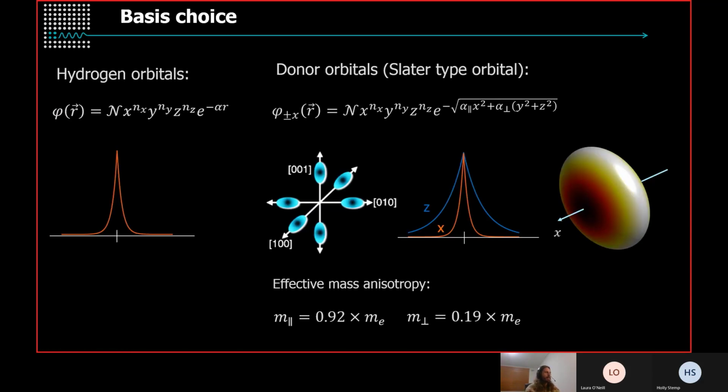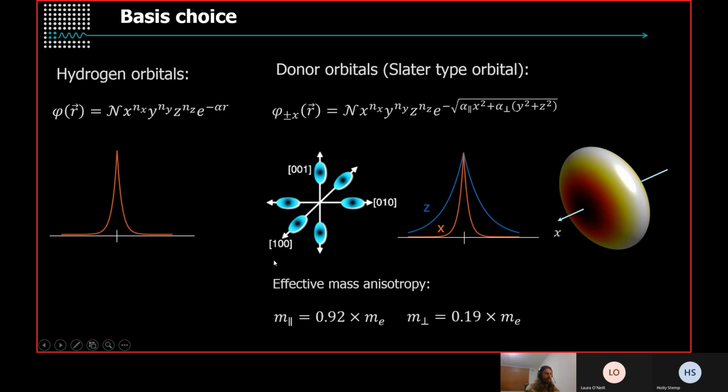So when you pick a basis, you really want a basis that directly describes the state or directly reproduces your final solution. And for a hydrogen atom, this is a Slater type orbital, so e to the minus alpha r, where alpha is a decay constant. And we would expect something very similar for our donor states.